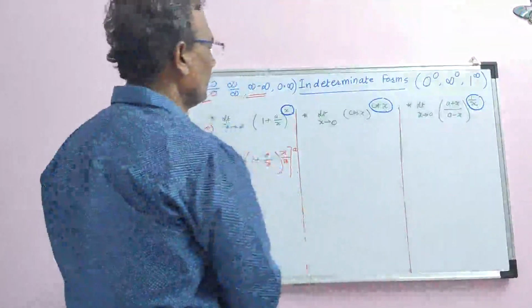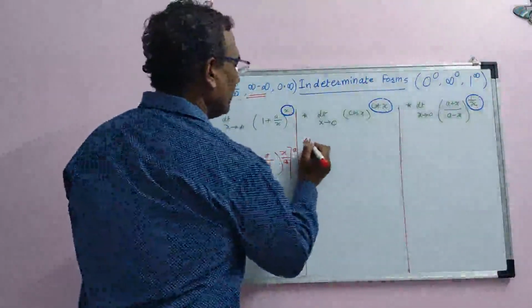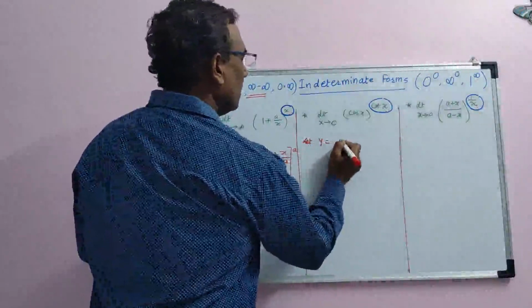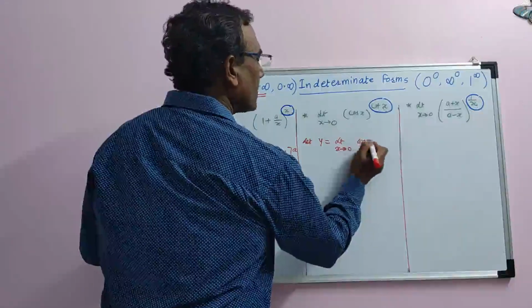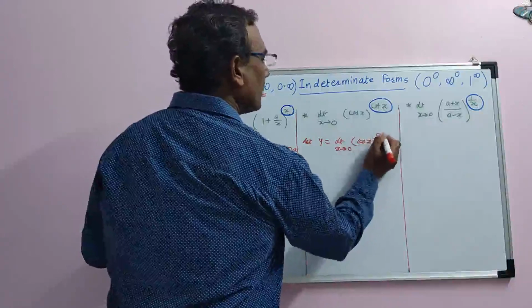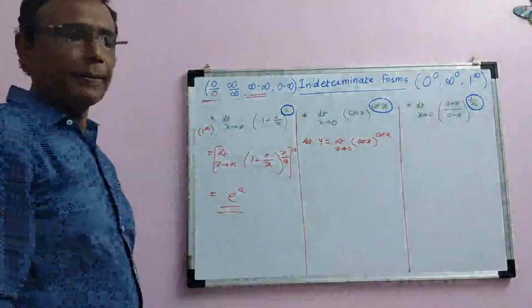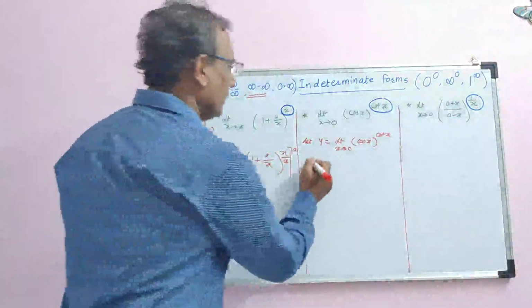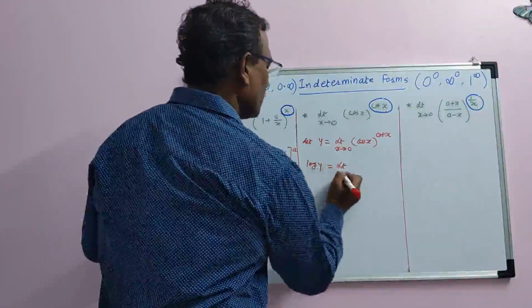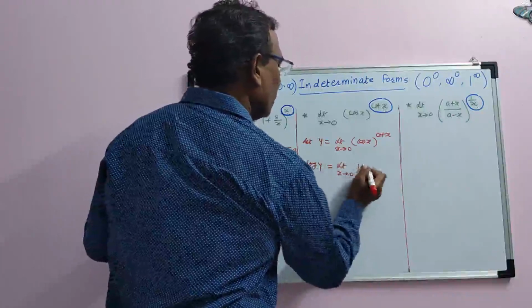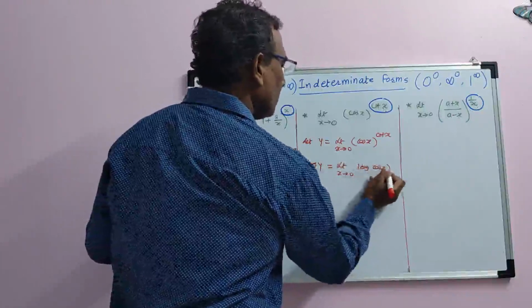Next one is, let y equal limit x tends to 0, cos x raised to power cot x. Now taking log of both the sides, limit x tends to 0, log of cos x to the power cot x.